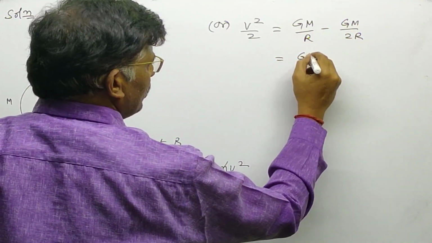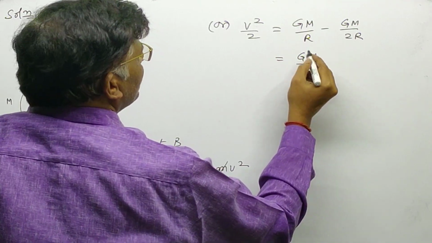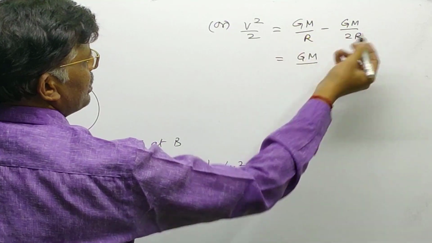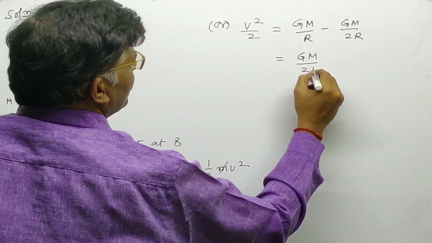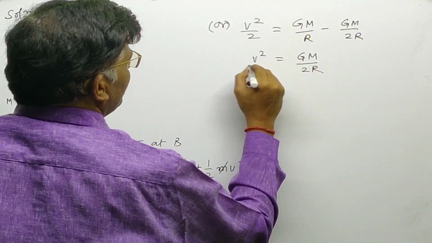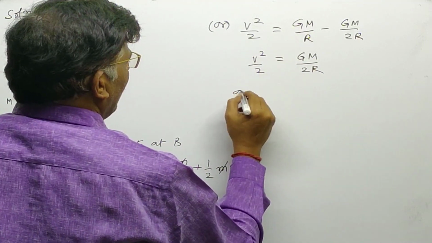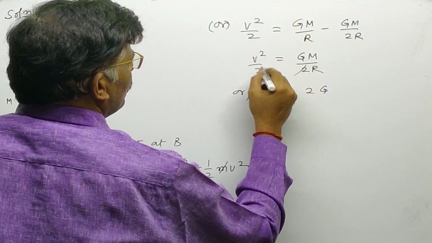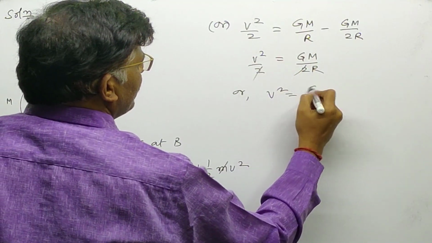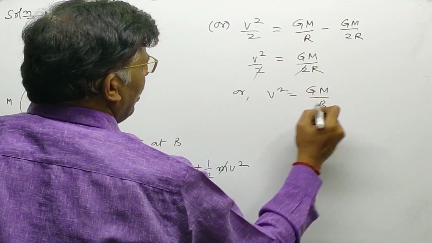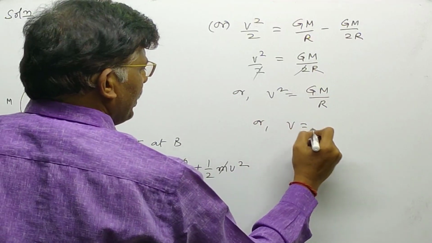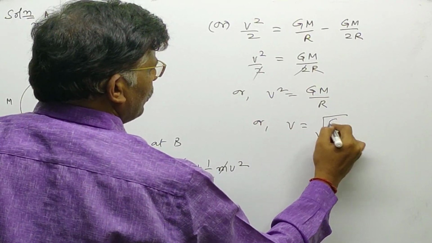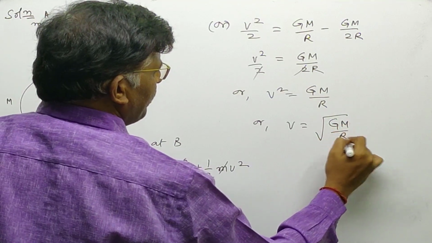If GM by R is taken as common, 1 minus 1 by 2, that is 1 by 2, so we can write it as GM by 2R. This is v squared by 2, or v squared is equal to GM by R, or v is equal to the square root of GM divided by R.